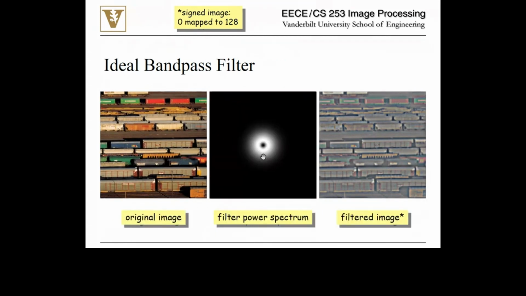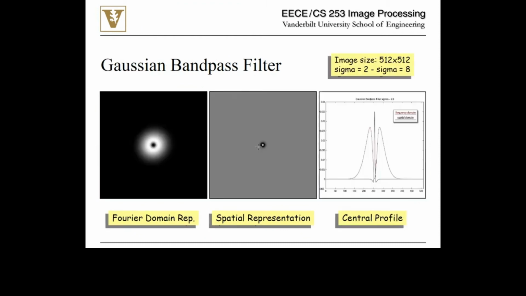And this is the filter power spectrum, the power spectrum of the filter. So this is H modulus squared. And here is the impulse response. So this is H of R and C.